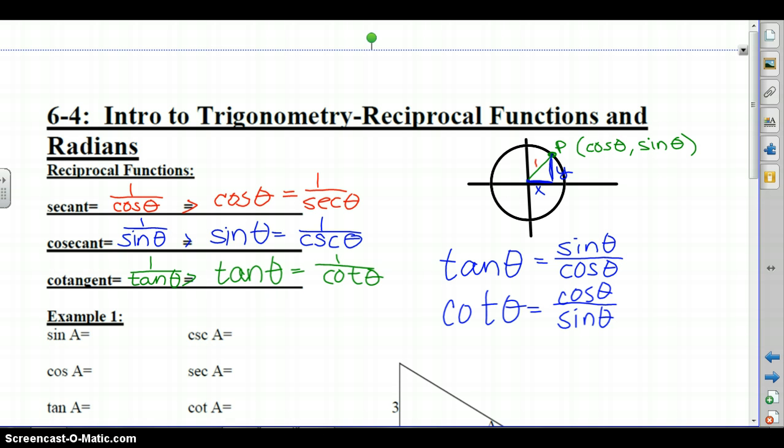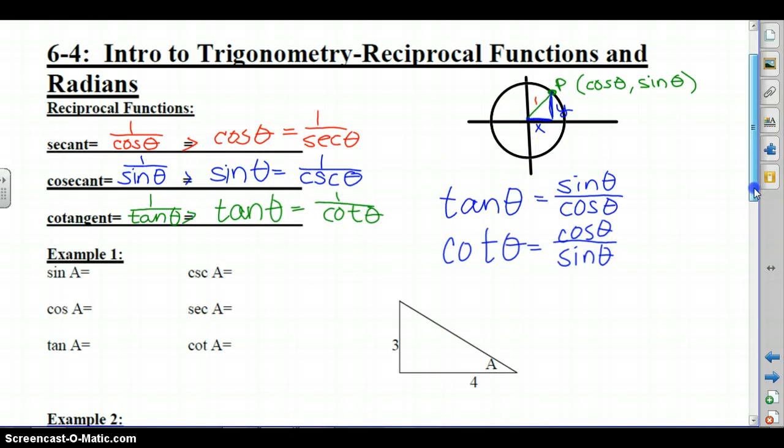Remember, my radius was a 1, and that meant that the x coordinate is really the adjacent over the hypotenuse or the cosine, and the y coordinate is really the opposite over the hypotenuse or the sine. That's what we learned before break. Does everybody remember it? And I actually taught you that. Okay. So that's where these are coming from. Likewise, again, since tangent is opposite over adjacent, it's y over x or sine over cosine. And flip those, and I get cosine over sine, or x over y. That's what I'm referring to there.